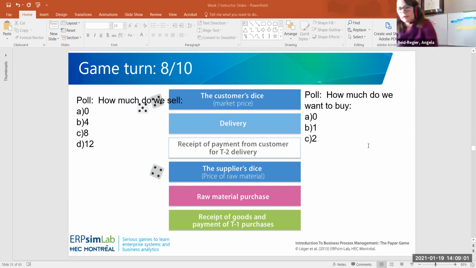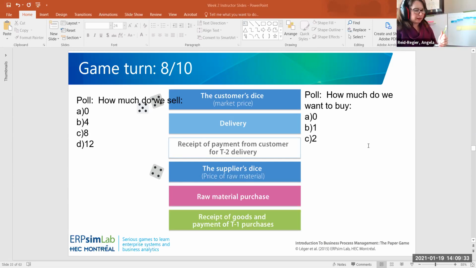So counting 1, 2, 3, 4, 5, 6, 7, 8. So again, we're going to deliver them to our customer. So we have delivered them. Now we need to invoice.